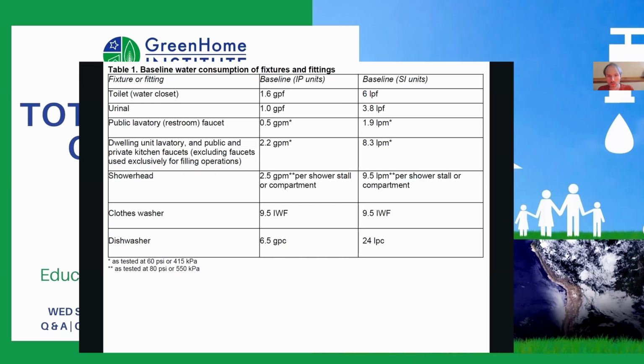If you install a worse performing or otherwise higher flowing device in an existing building improvement project, or if you have an existing building project with worse performing devices than the baselines over here, then that will count as a negative water savings and count against you, though it would never give you negative LEED points as those don't exist. These flow rates are all assumed at 60 psi, or that's the ideal water pressure of a building in a home.